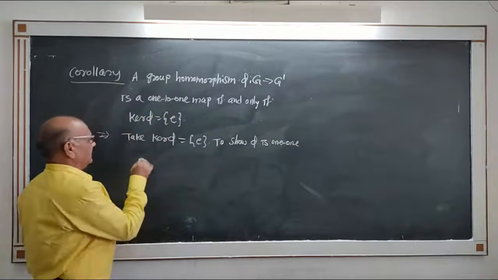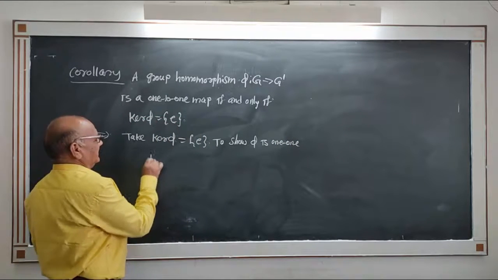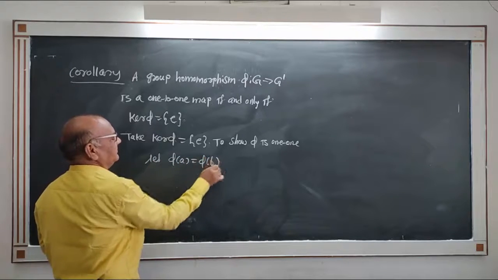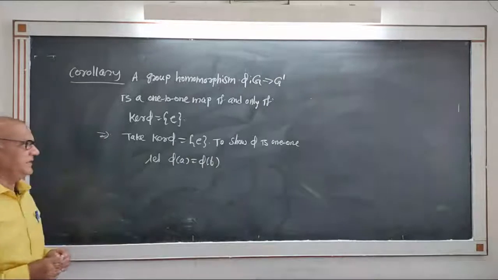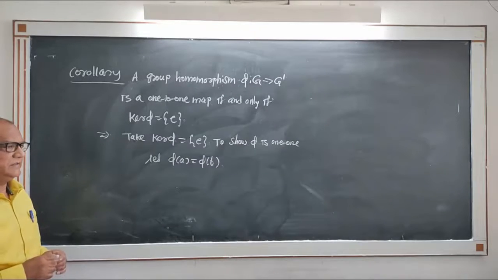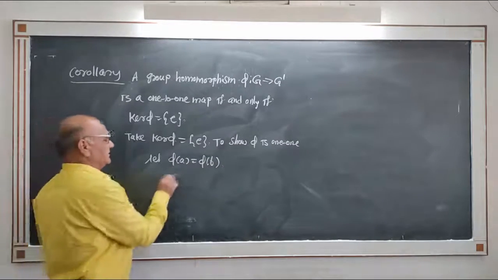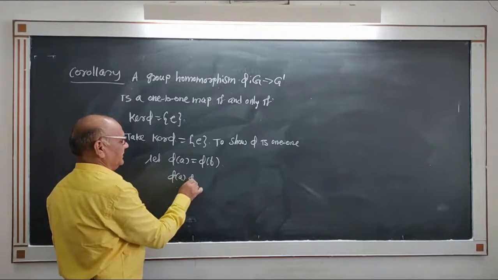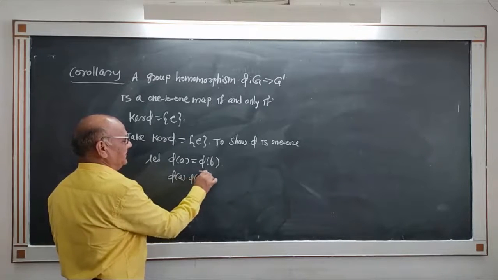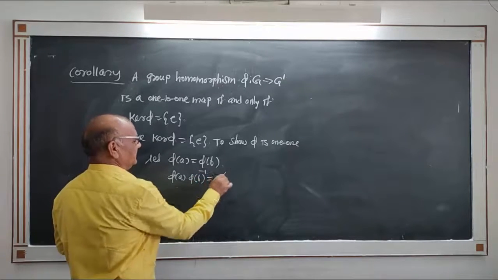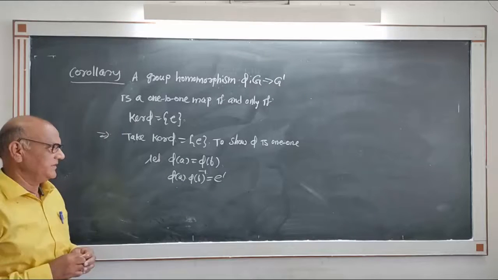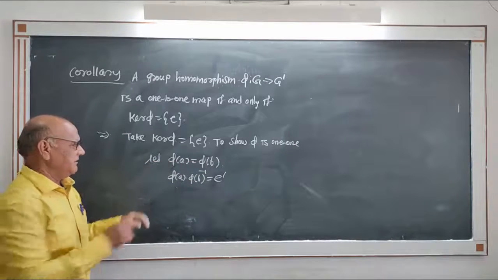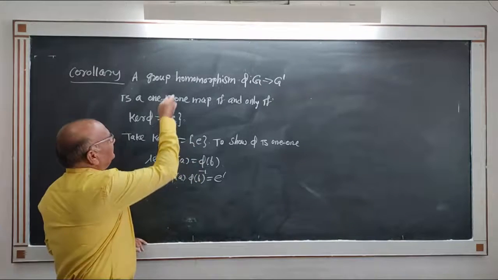Now let phi of A be equal to phi of B. This gives phi of A times phi of B inverse is equal to E dash. These are phi of A and phi of B belonging to G dash.